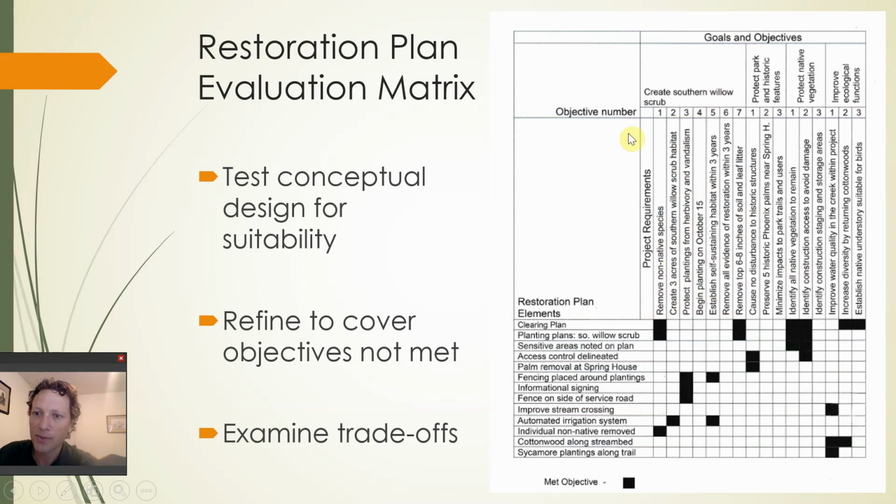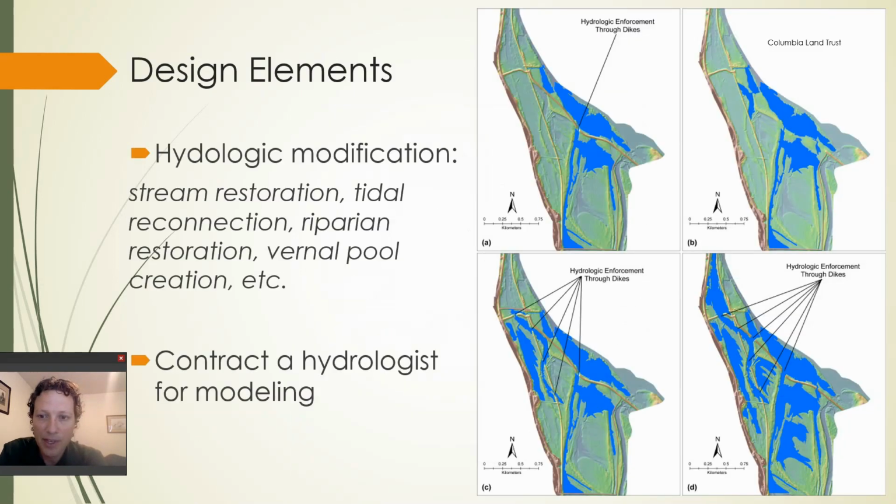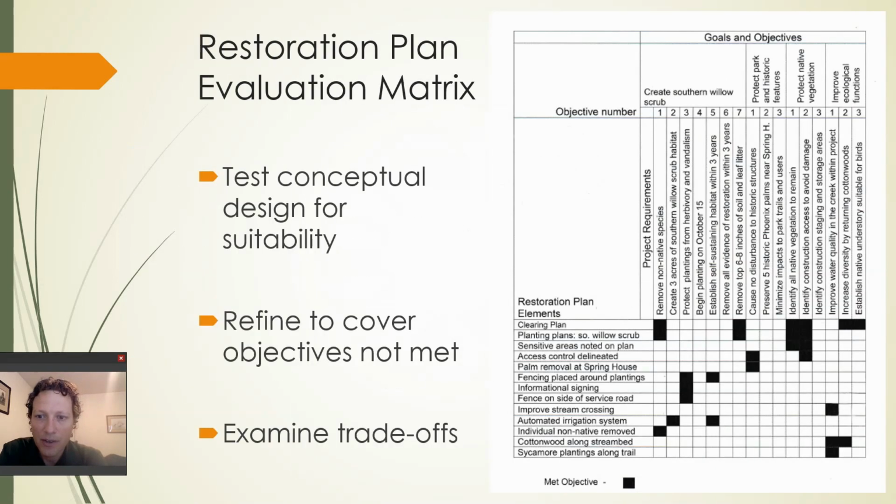Okay, so this was what came out of your project development phase. But now someone has produced a pretty design, and you want to double check that design to make sure that it accomplishes all of these project requirements.